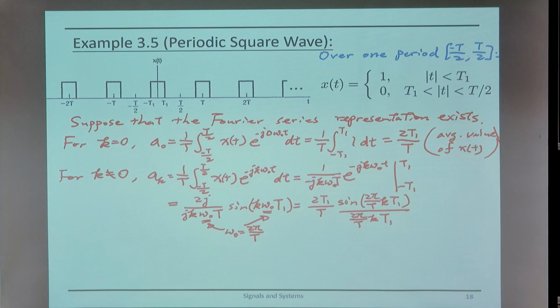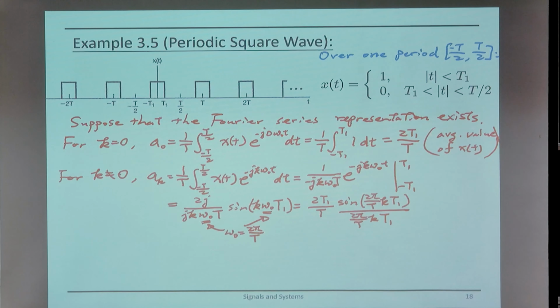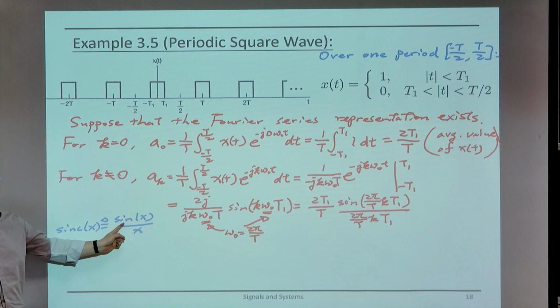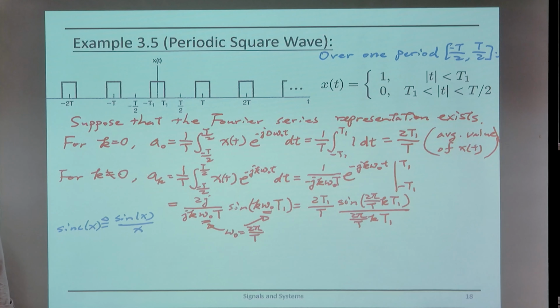I don't know if you've learned this in other classes, but a sinc function is defined as sine of x over x.